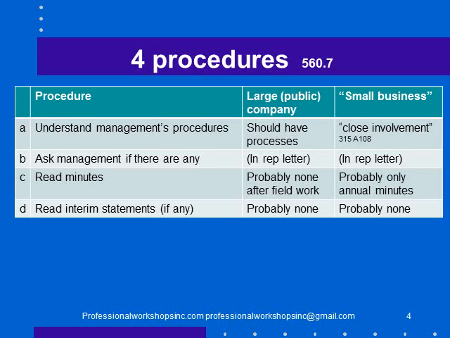In a smaller audit, it's probably, as suggested in 315A108, that management's close involvement is what's going to draw subsequent events to their attention, and that is the process that they're closely involved and would know if there was a subsequent event. And our key procedure here is to ask management if there are any subsequent events. And in both cases, we will document the results of our inquiry in the representation letter. So that's very important documentation.